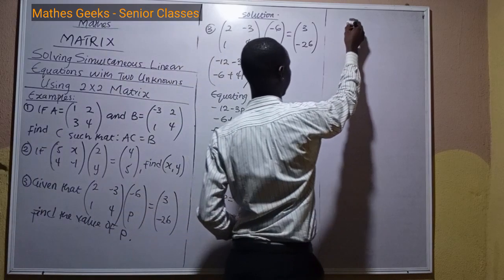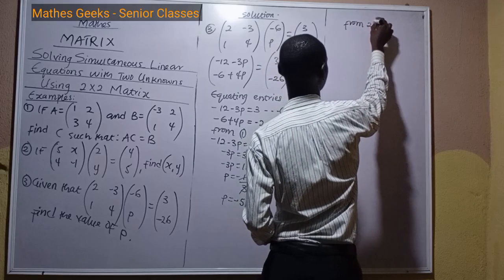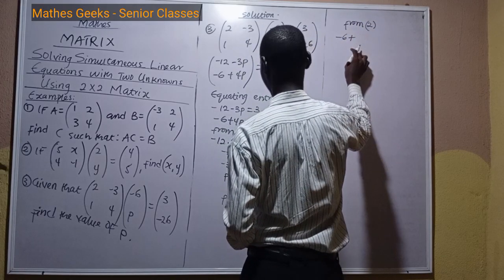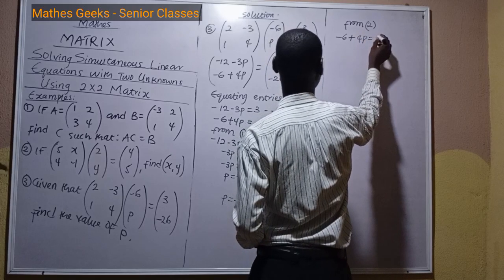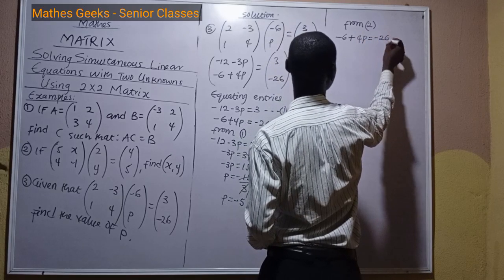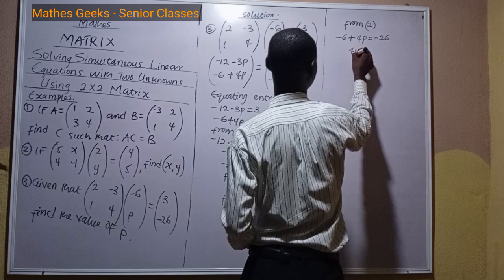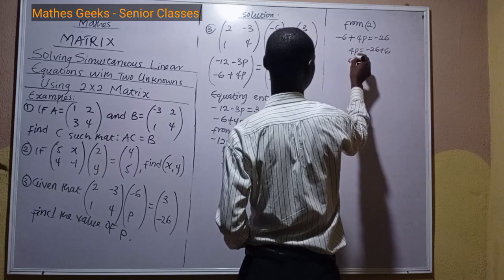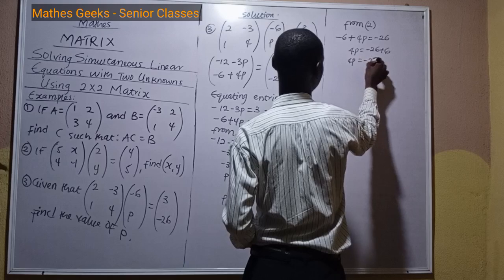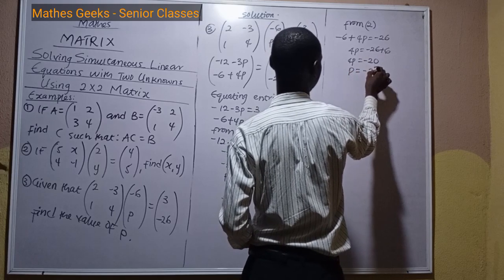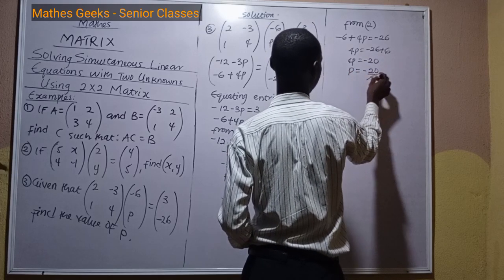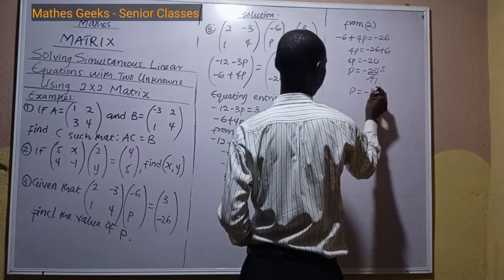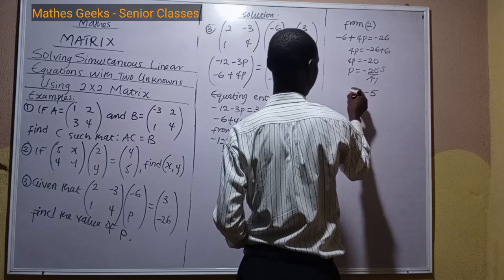And from equation 2, we have minus 6 plus 4p is equal to minus 26. So 4p is equal to minus 26 plus 6. 4p is equal to minus 20. p is equal to minus 20 over 4. So p is equal to minus 5.